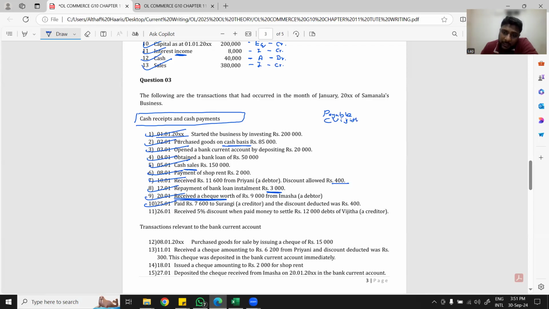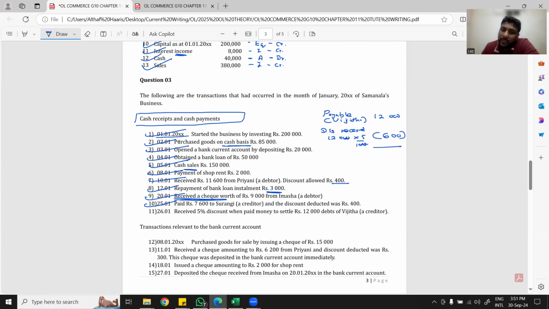Payable to Vijita was 12,000. When we are going to pay that, he is giving us a discount. Discount received, 12,000 at 5% means 600.